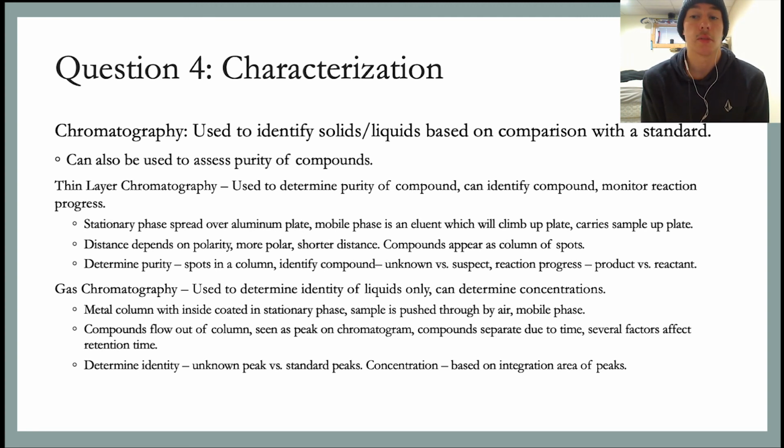Compounds will flow out of the column in different amounts of time due to several different factors, including boiling point, functional groups, and many other factors. The compounds will show up as peaks on a chromatogram, separated by their retention times. Chromatograms will provide retention times which can be used to determine an unknown identity by comparing retention times to a standard. They will also provide the integration area of the peaks, which can be used to determine concentrations of unknowns.